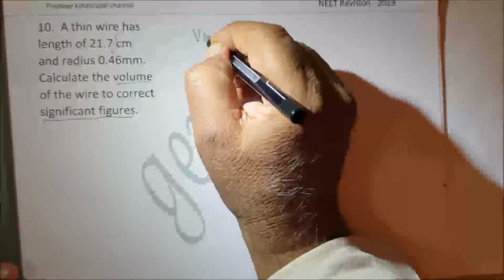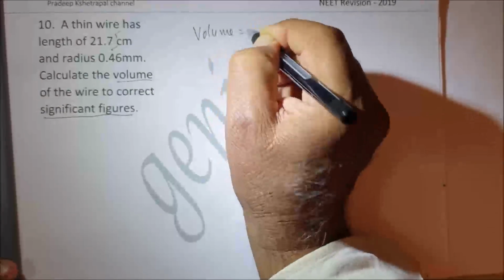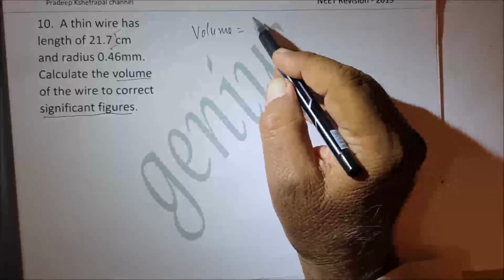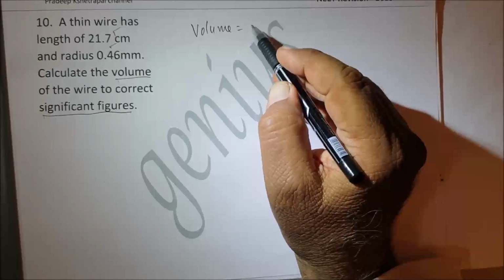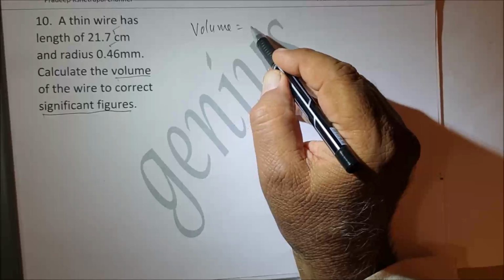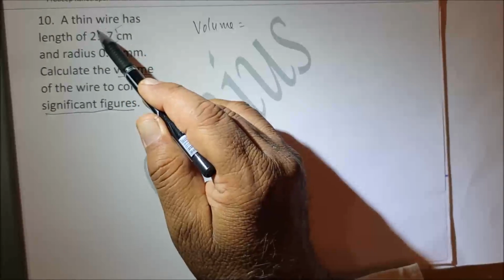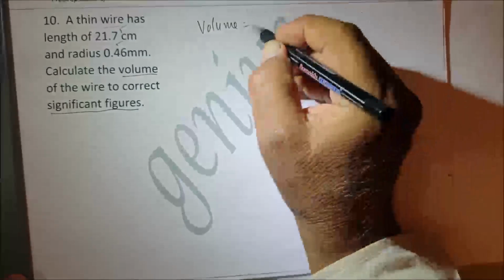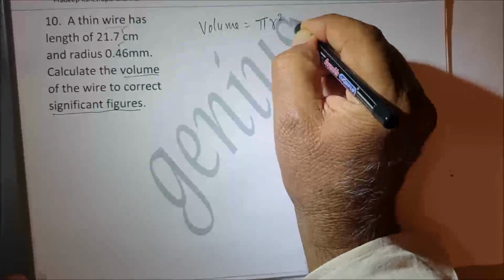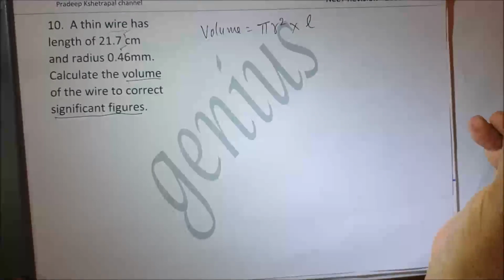So volume is equal to area of cross section multiplied by length, and the cross section of wire is circular, so it is pi r square multiplied by length.